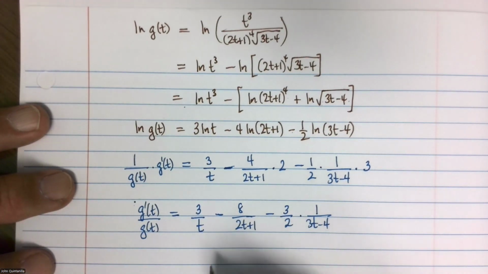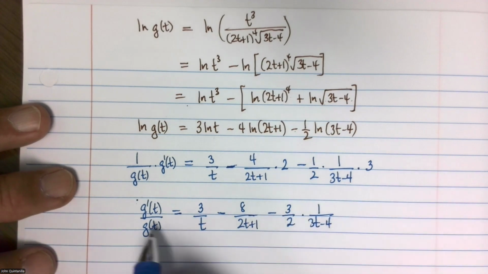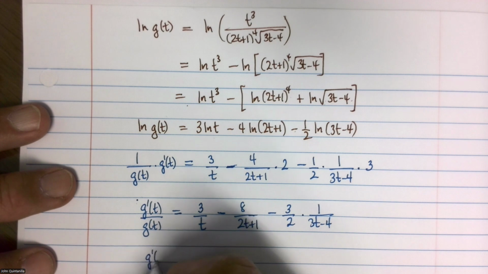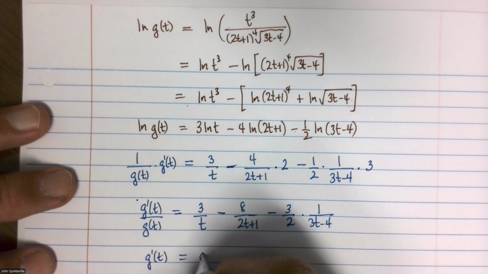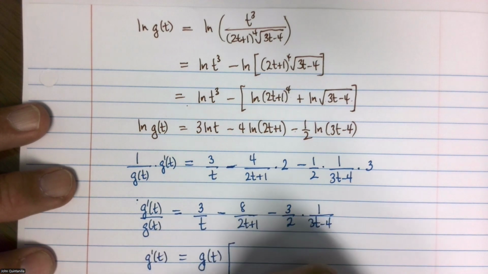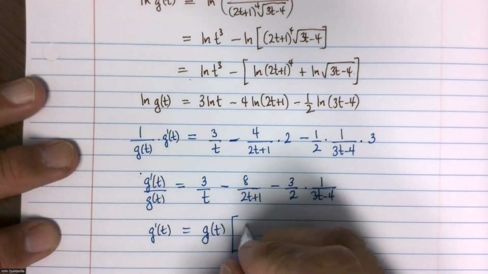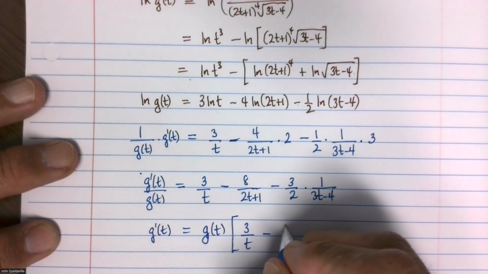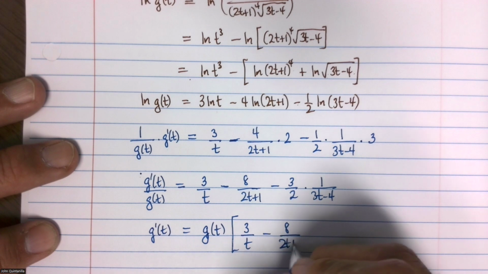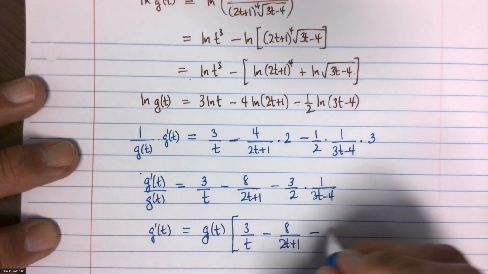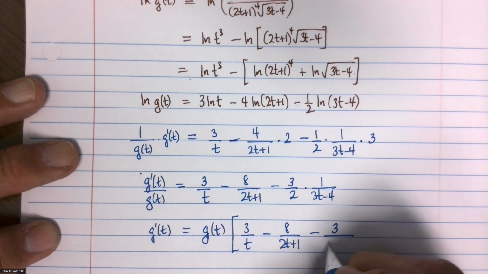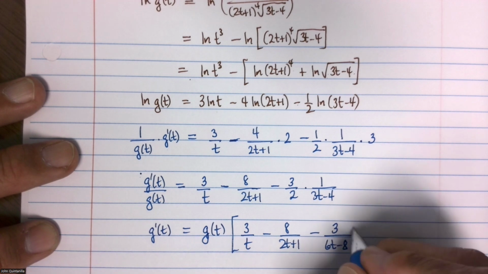And I could simplify that as well. I'll do that in the next step. Now, the point is to solve for g prime of t, so I can multiply up. G prime of t is equal to g of t times everything on the right-hand side. So 3 over t minus 8 over 2t plus 1. And then just for the sake of simplifying, 3 over 6t minus 8.